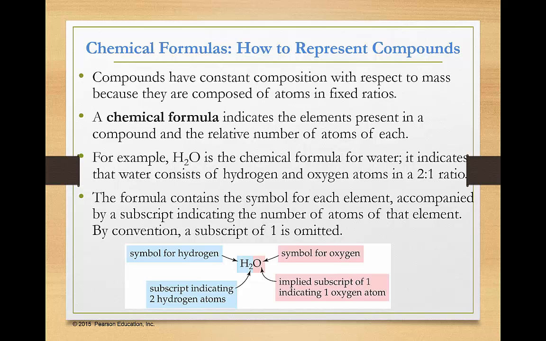If we have to write the oxygen anyway, there has to be at least one of them. So there's an implied subscript of 1 on the oxygen. If you ever have 1, it will be an implied subscript. That just means there's one of them. If I were to have any other elements, I can have more than 2 elements in a compound, I would continue writing the symbol and then a subscript for the number for the next elements in the group.